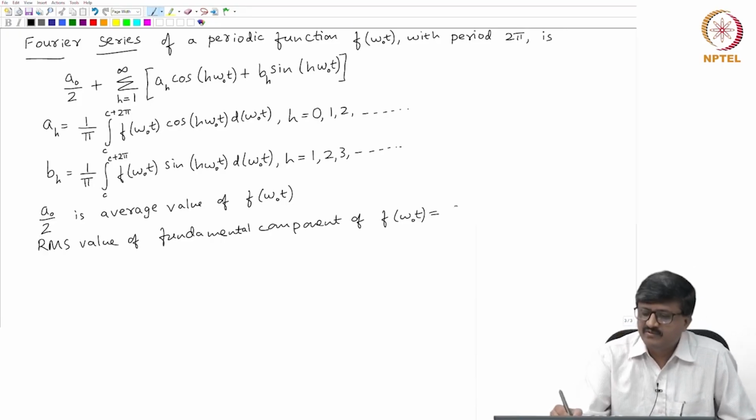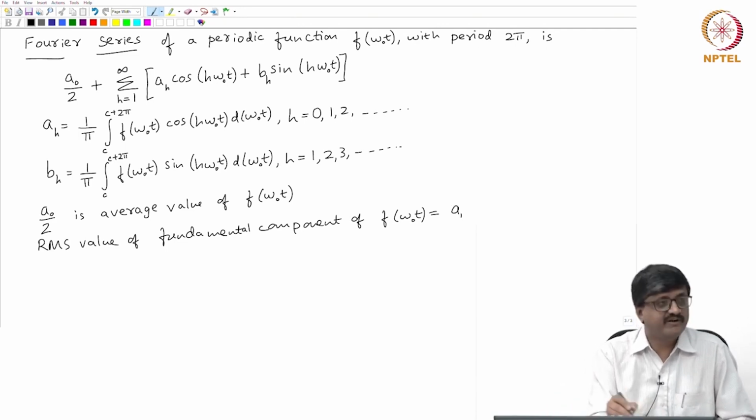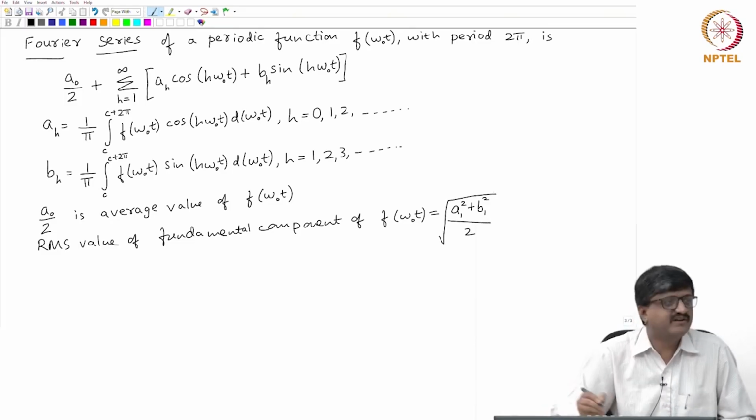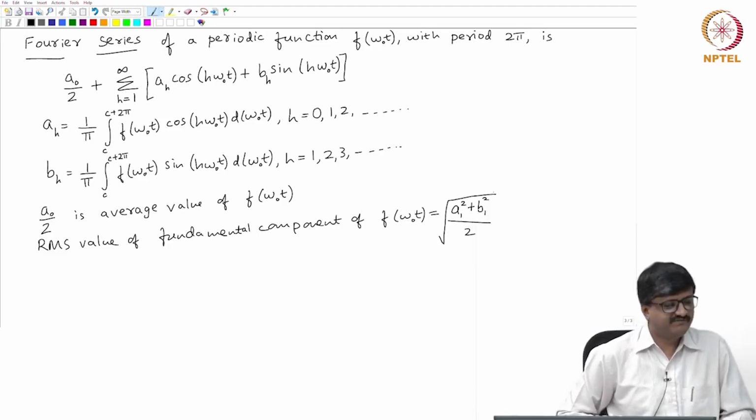So, it is equal to A1. Are you familiar with this? Can I relate the fundamental component RMS value of f of omega ot and A1, B1? So, it is A1 square plus B1 square by 2, taken under square root. So, this is the fundamental component.